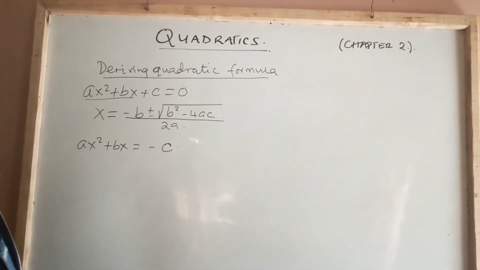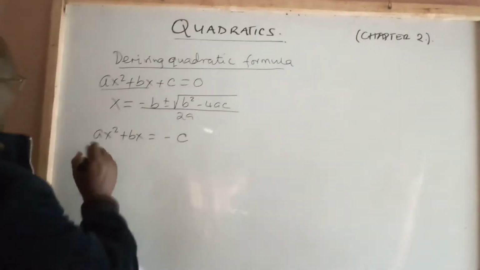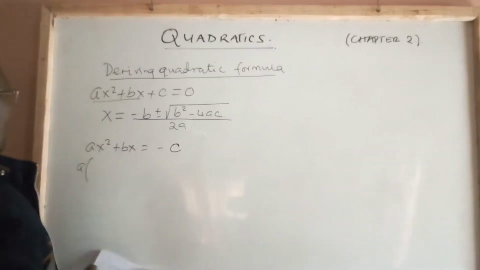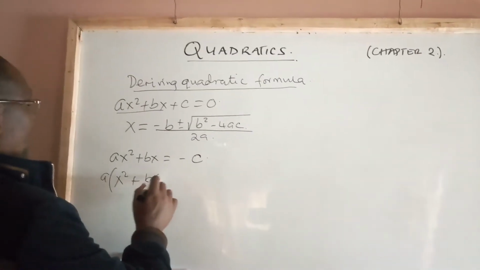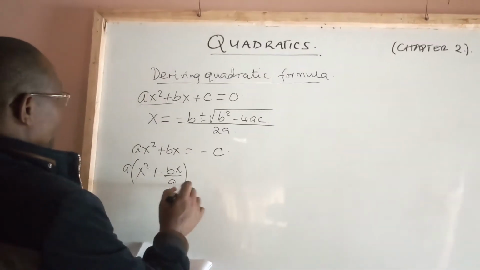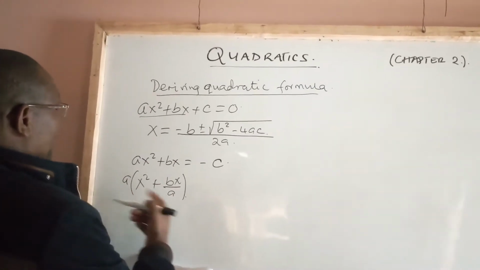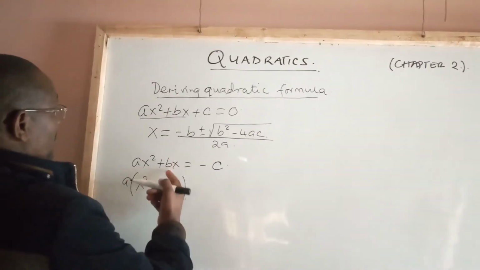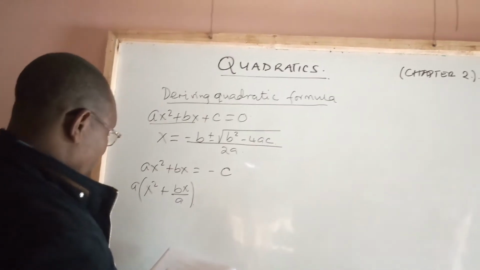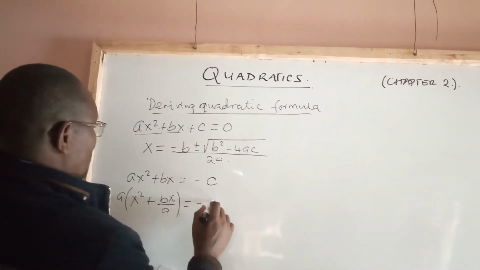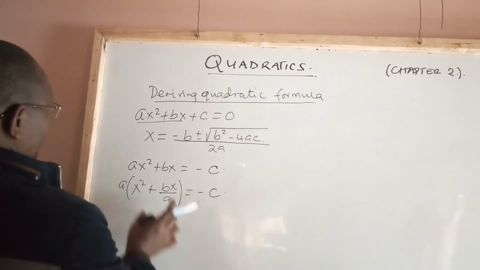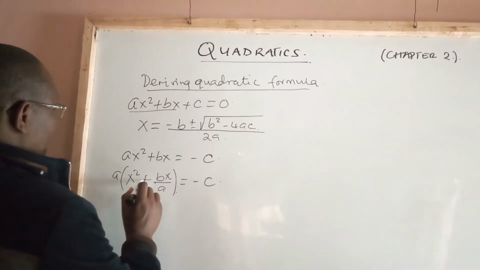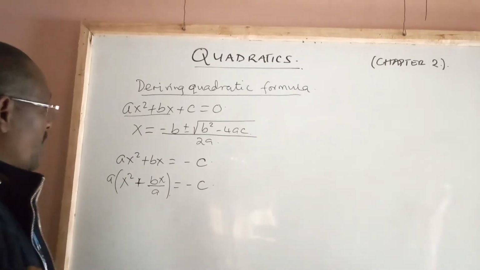So we will take a outside as a factor and have a outside, x squared plus bx over a, such that when we open this bracket, we'll be left with what we had, bx, which still equals negative c.